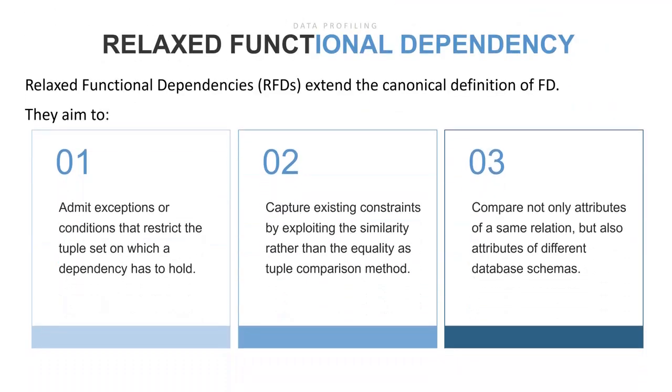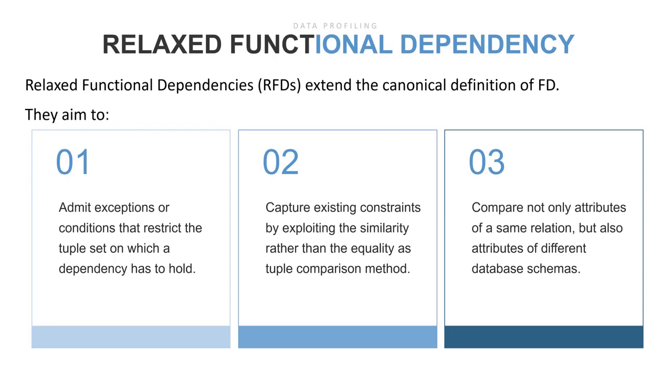However, in order to identify data inconsistencies and pursue robustness with respect to data errors, in the literature many extensions of the canonical definition of functional dependency have been provided, and they have been generalized under the concept of relaxed functional dependency.